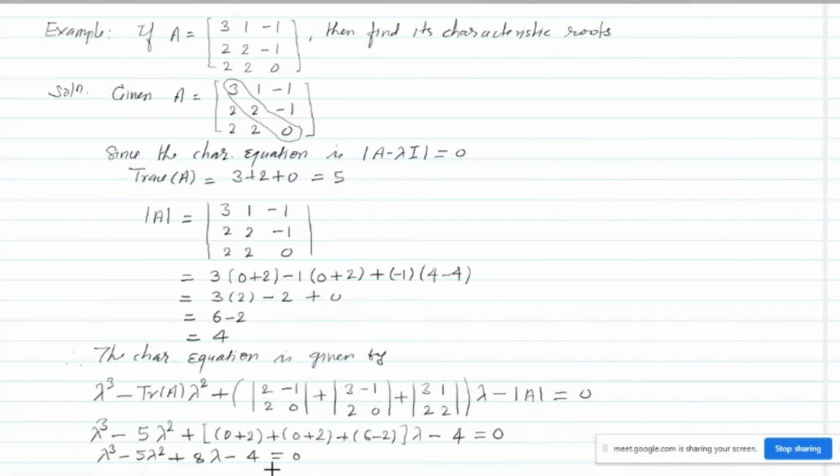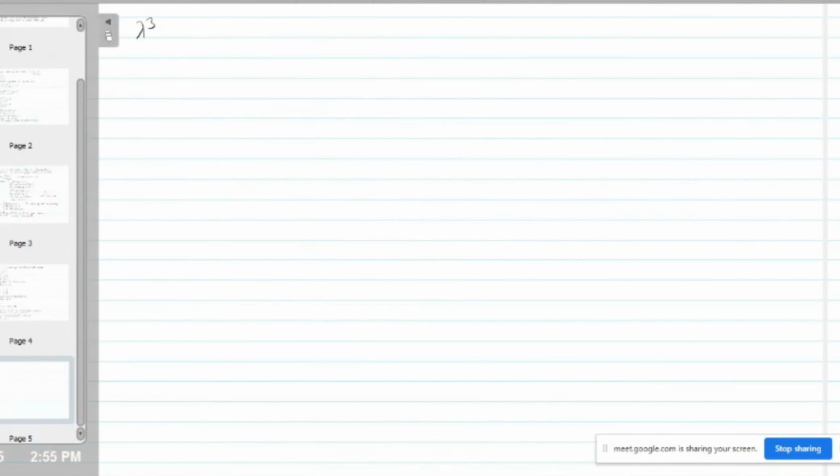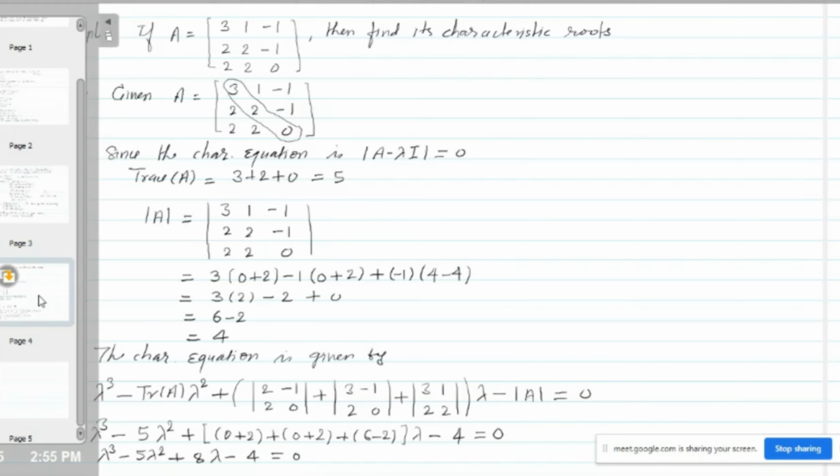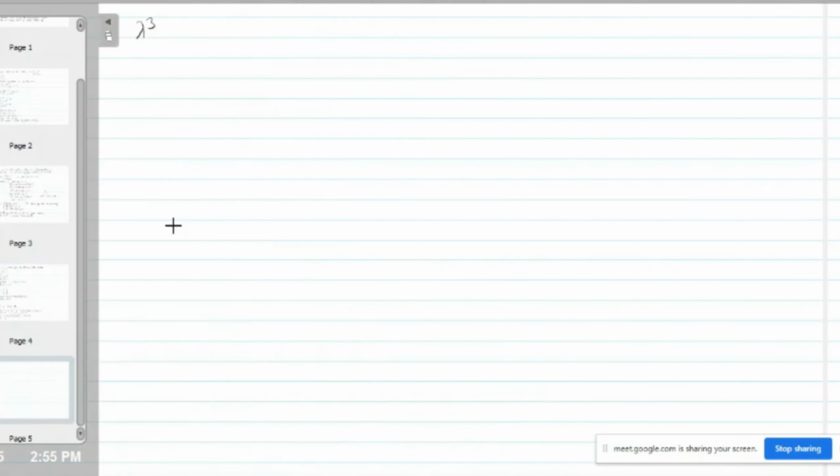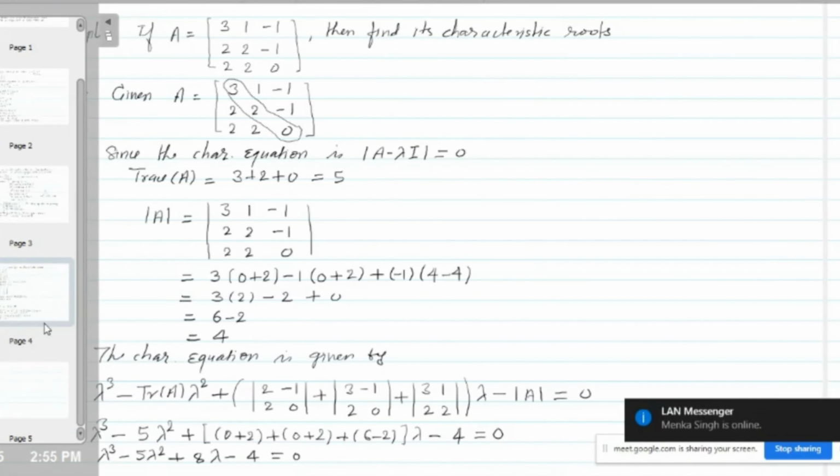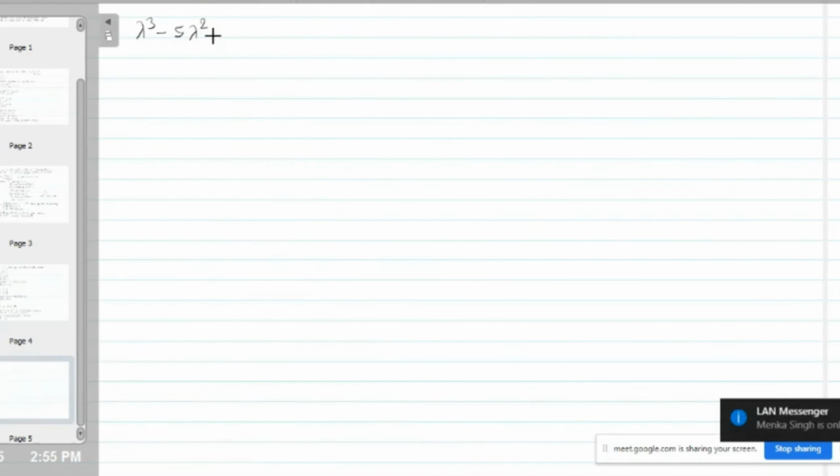So let us find out the roots of this equation. Let us move to the next page. We first copy the characteristic equation. What is that? Lambda cubed minus 5 lambda squared, then plus 8 lambda minus 4, and this is equal to 0.